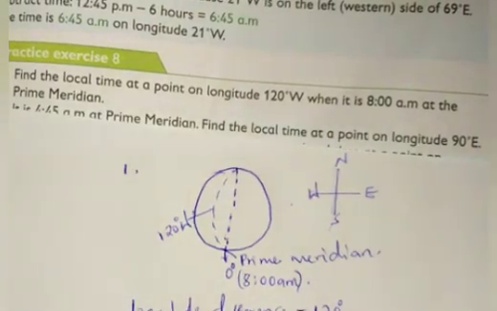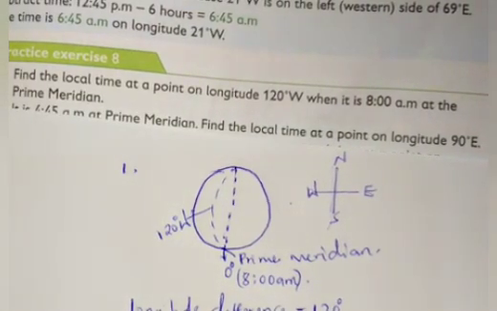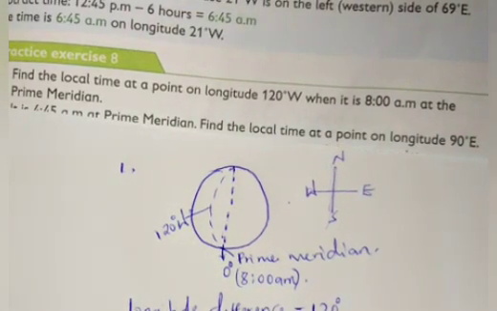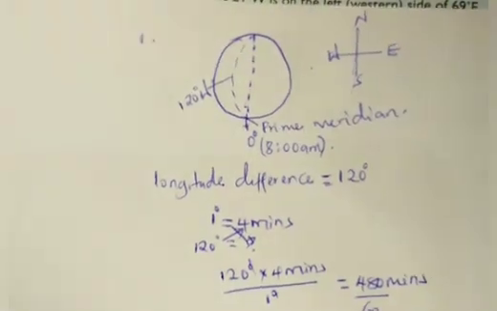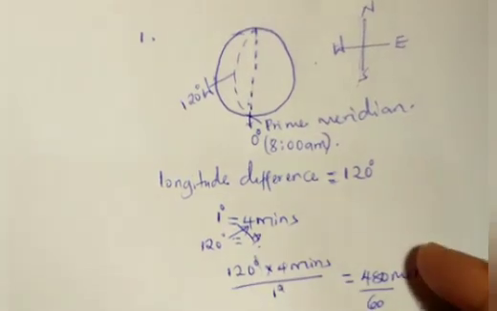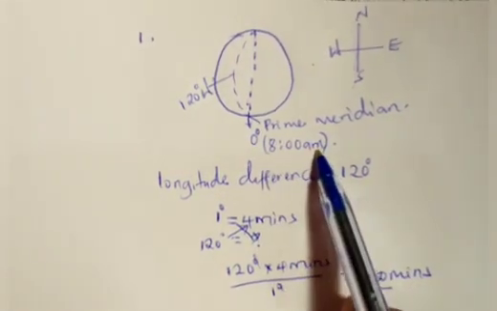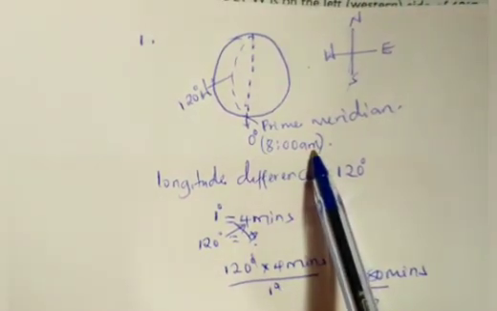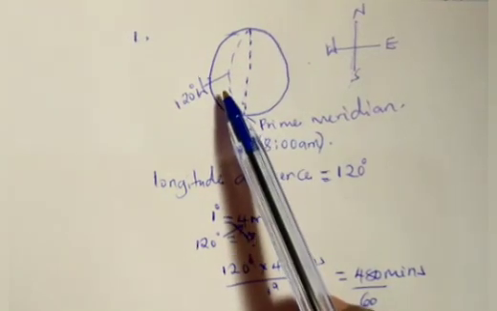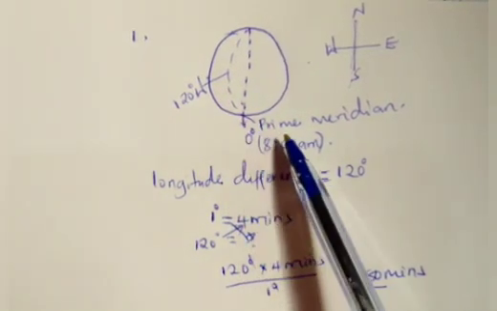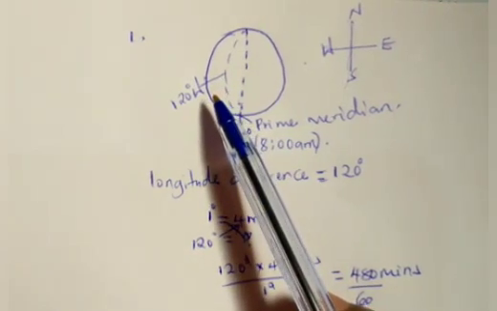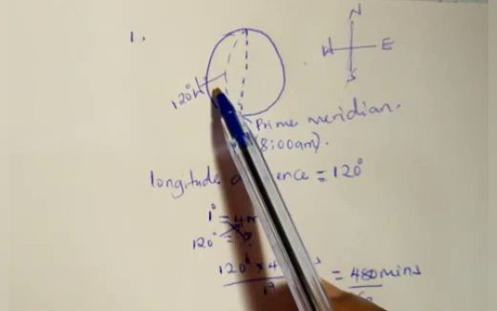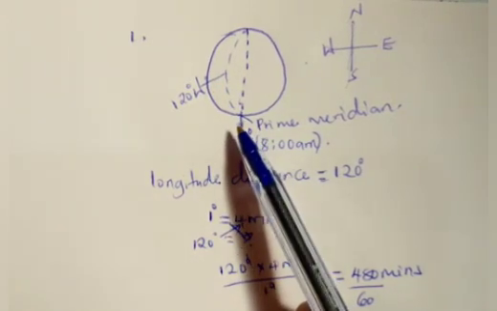Now going back to our question, we are finding the local time at a point on longitude 120 degrees west when it is 8 a.m. at the prime meridian. So it is already 8 a.m. at the prime meridian. We want to know the relation between 8 a.m. and the time at 120 degrees west of the prime meridian.